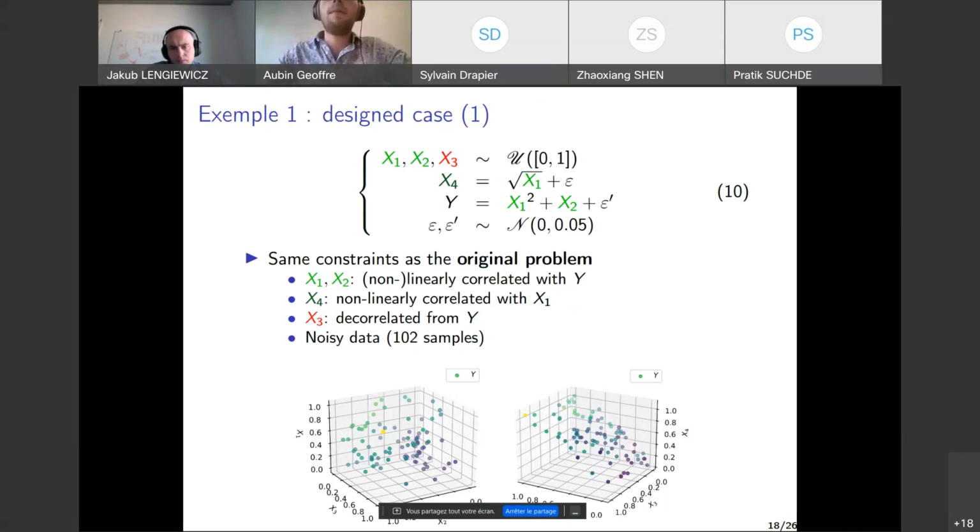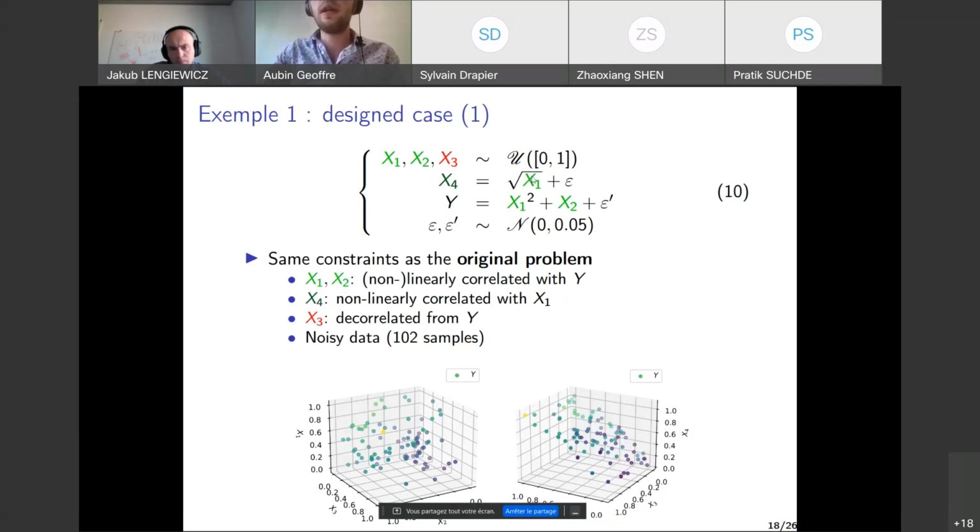What is important is that these are the same constraints as the original problem. I've introduced three input variables, x1, x2, x3, on a uniform distribution. I introduced X4 as nonlinearly correlated with X1.